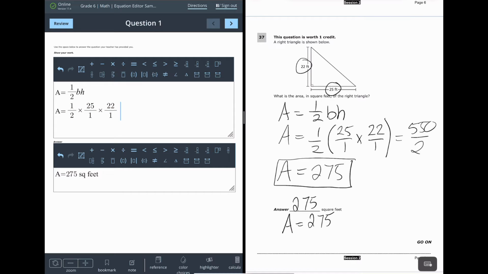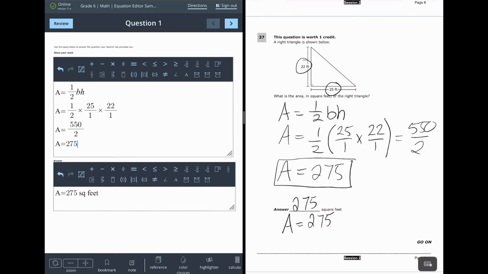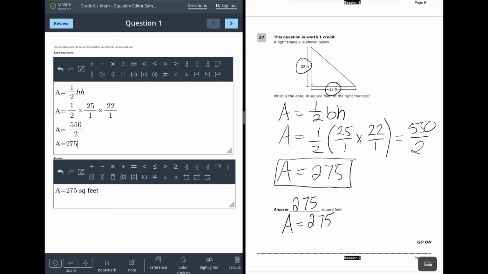And all of that would be equal to, I put in another fraction bar, 550 over 2. And we know that final answer area is equal to 275. So that's what I would do if I wanted to show all my work. I'd start by putting a formula in, and then I would show how I plug everything in, how I substitute, and then how I simplified it, and how I got my final answer.